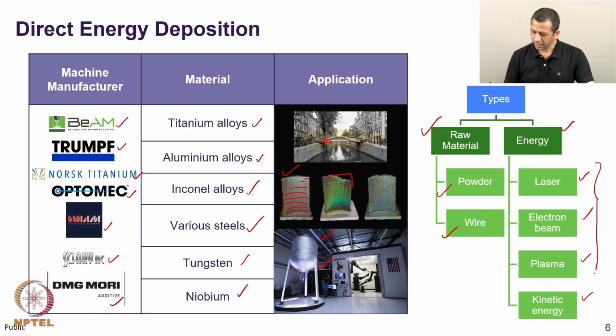The first three are very intuitive to understand. In the last one, the kinetic energy DED, high velocity small particles are shot on the substrate, and because of this high kinetic energy in smaller size, they get deposited because the kinetic energy converts to heat energy.